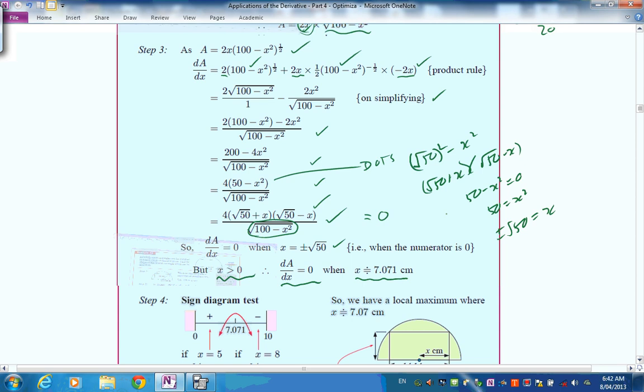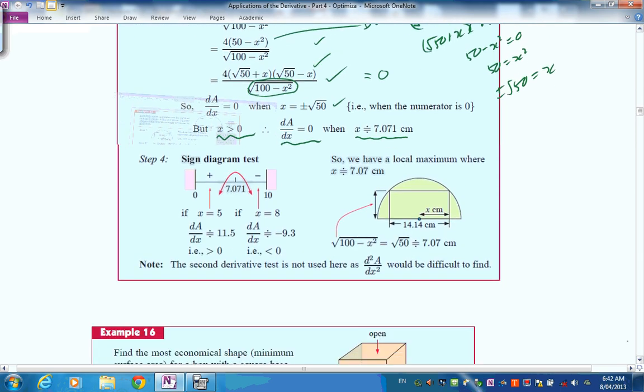The root of 50 is 7.071. Coming down, a sign test for the derivative now, putting it between 0 and 10. We're just reminding ourselves x can't be less than 0 or greater than 10 from the previous discussion. So if you sub in a value of x from here or from here into the function, then you will get these signs.